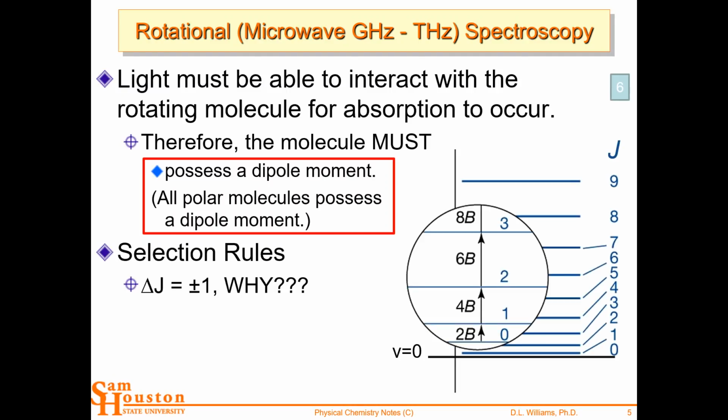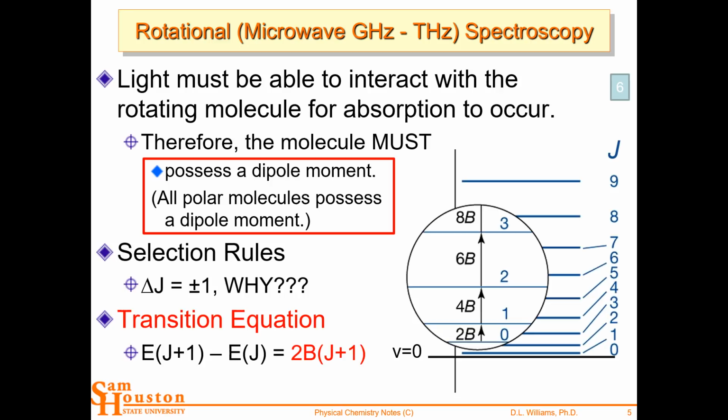Okay. So the selection rules. Let's talk about spectroscopy now. We have this manifold here, and our selection rules are plus or minus 1. So not 1, 3, 5, 7, 9. It's just plus or minus 1. And so let's talk about that for a little bit. Okay, and also the transition equation. This is how you would set up the transition equation. And we'll do some of these in the notes today.